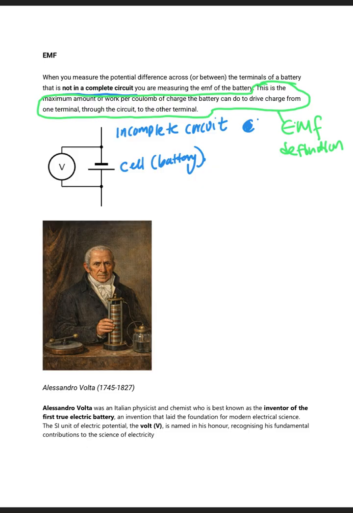And then you can see here we have an image of a scientist. This scientist is called Alessandro Volta, and the unit of volts was named after him. He was an Italian physicist and chemist who is best known as the inventor of the first true electric battery, an invention that laid the foundation for modern electrical science.